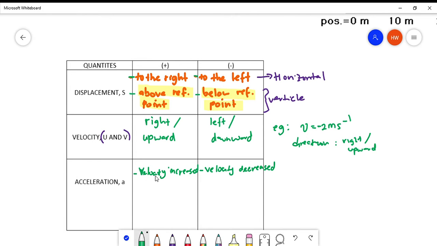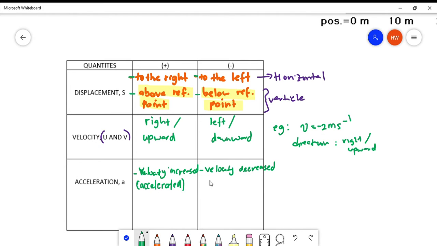Ataupun bila kita kata velocity increase ni, ayat dia apa? Terms. What is the terms for positive acceleration? Kita panggil the object will be in... Apa ayat dia? Siapa tahu terms dia? Kita panggil dia accelerated. Okay, accelerated.